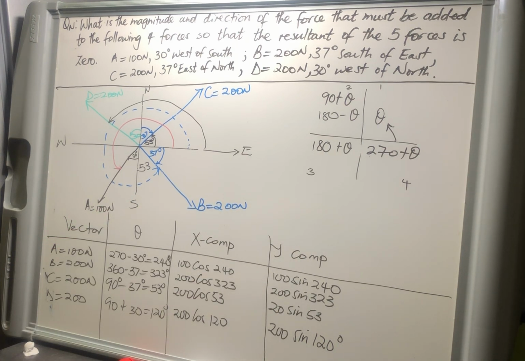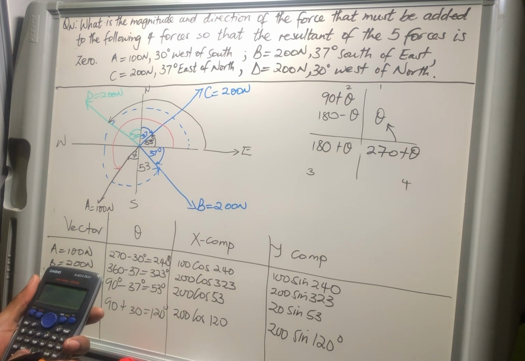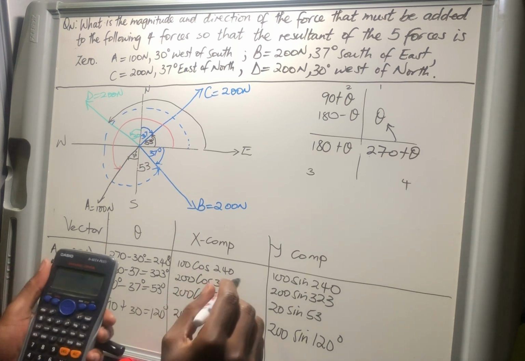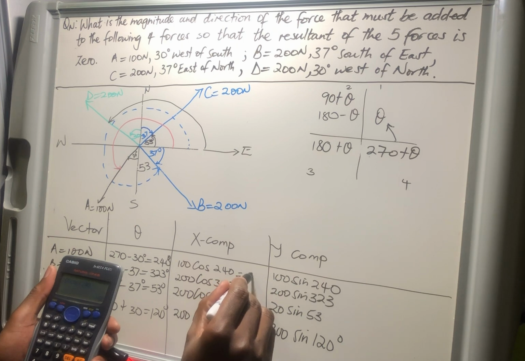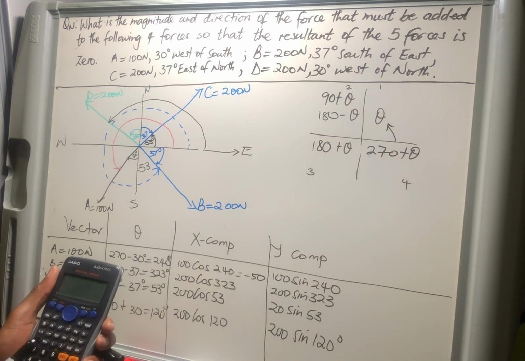So for the first one, we are going to punch 100 cos 240, and we will get that as our answer, negative 50. Please do so on your calculator as well, so that we can check and see if we are getting the same answer. Then we have 100 sine 240.